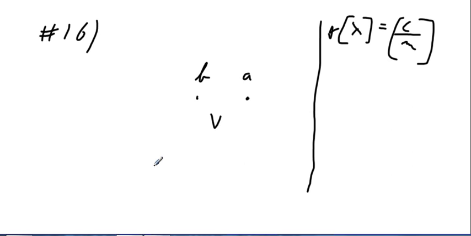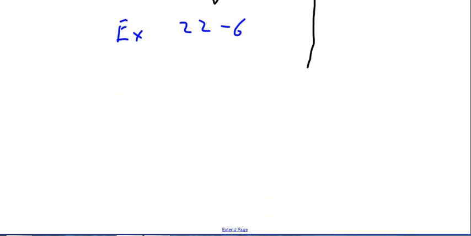Alright, so from exercise 22-6, we find that for this particular situation, the E is going to be equal to 1 over 2 pi epsilon naught lambda over r.